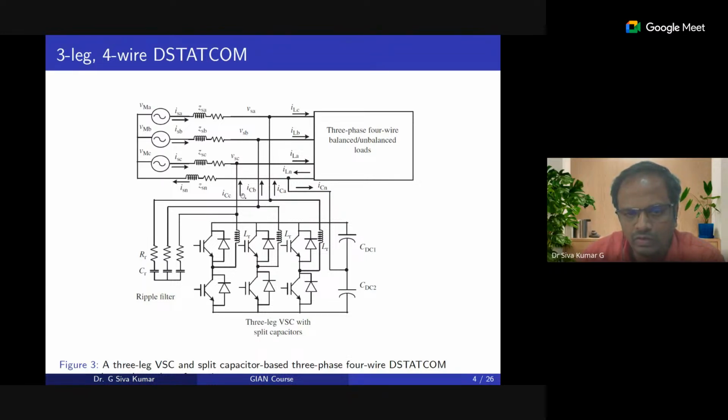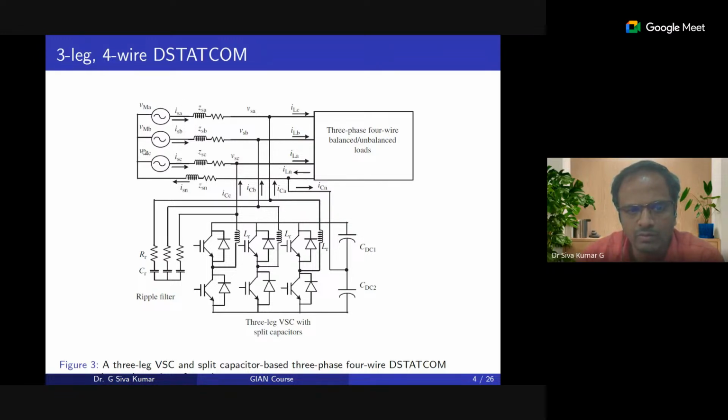Once you supply the reactive current from this three-leg voltage source converter, we are going to make your source currents ISA, ISB and ISC have only the fundamental component of the current, not the harmonic component. What is the advantage of making this current balanced or perfectly sinusoidal, having a fundamental current?